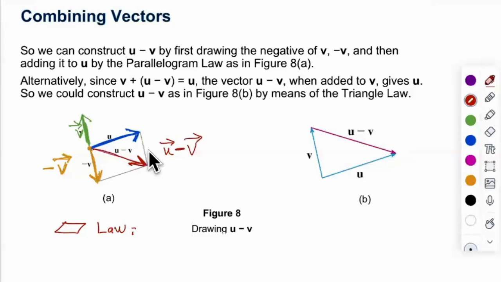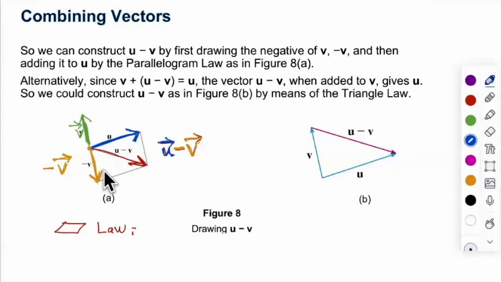Let me color code it better. The u here I'm going to use the blue color. This is u, and then I'm adding the opposite of v. Then this one is the result. You see it?